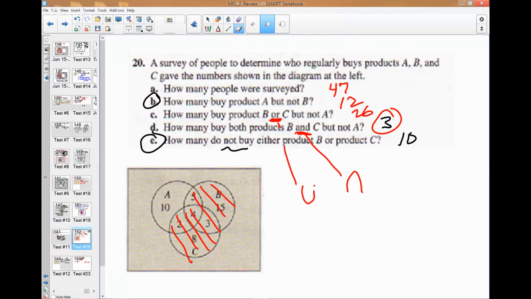Just 10. Okay, so once again, make sure you study and, intersection, or union. Okay, that was number 20.